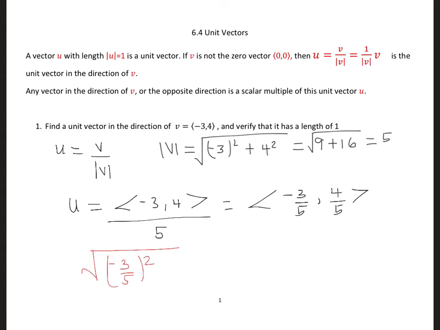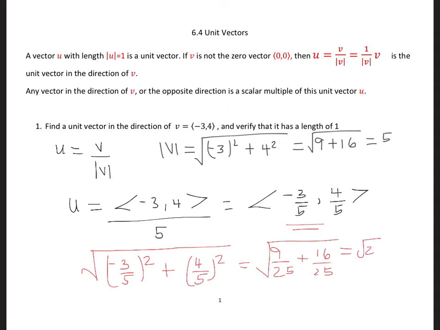I'm just finding the magnitude of the solution I got, plus 4 over 5 squared, which is going to be the square root of 9 over 25 plus 16 over 25, the same as the square root of 25 over 25, which is 1. So it's verified. So I know this is a unit vector.